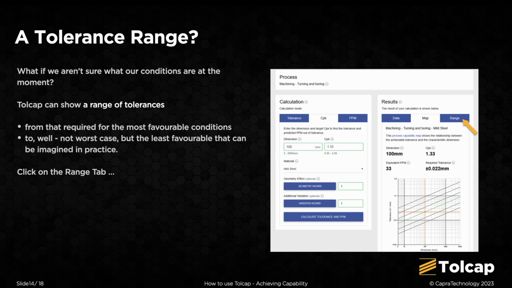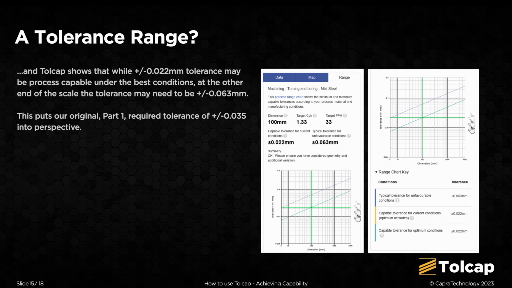So if you click on the Range tab, Tolcap shows that while plus or minus 0.022 millimeters tolerance may be process capable under the best conditions, at the other end of the scale the tolerance may need to be as much as plus or minus 0.063 millimeters. Well, that puts our original starting tolerance of plus or minus 0.035 into some sort of perspective and context.